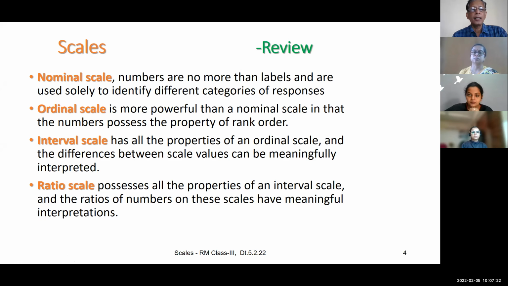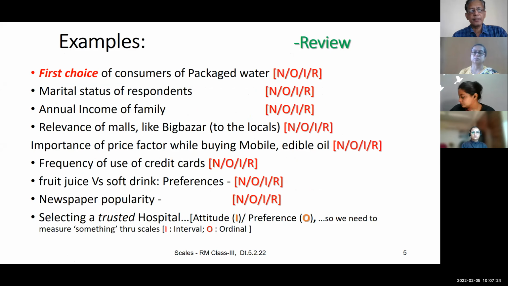And we checked with ourselves, just for clarification, if we have a few questions in the questionnaire, are we using any scale or not? I hope you remember these points that we had discussed. And this type of short question may come in our practice test also. So N stands for nominal, O stands for ordinal, I stands for interval, and R stands for ratio scale.